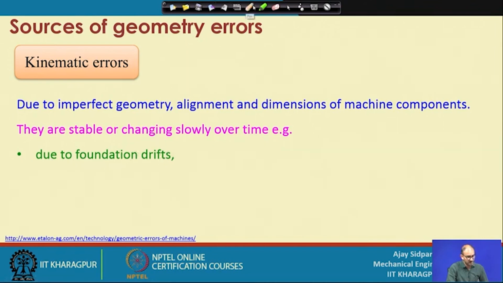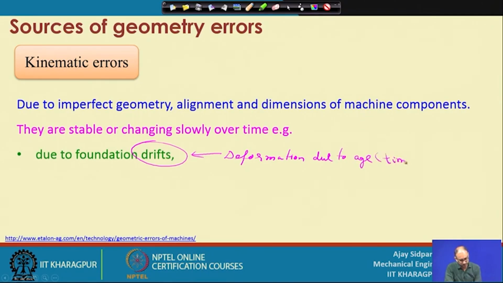What is the drift? Drift is a deviation due to age. That means whatever this deformation is due to age, or we can say deformation with respect to time. If your machine is very old, then you will get a foundation drift.